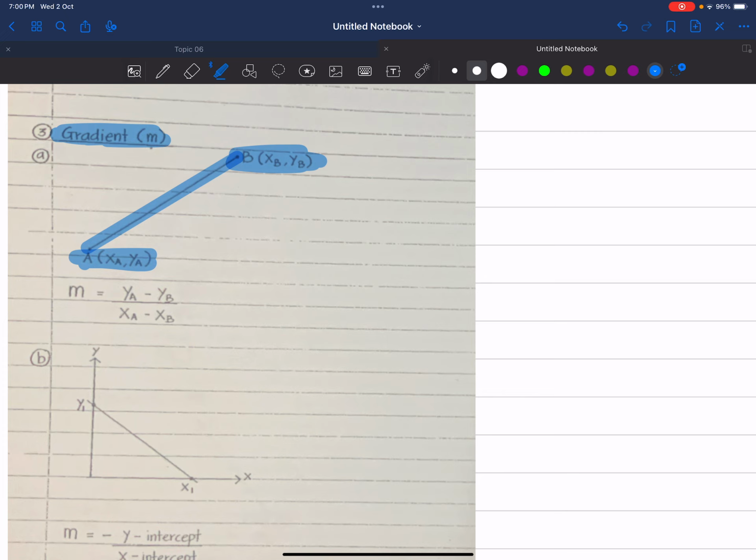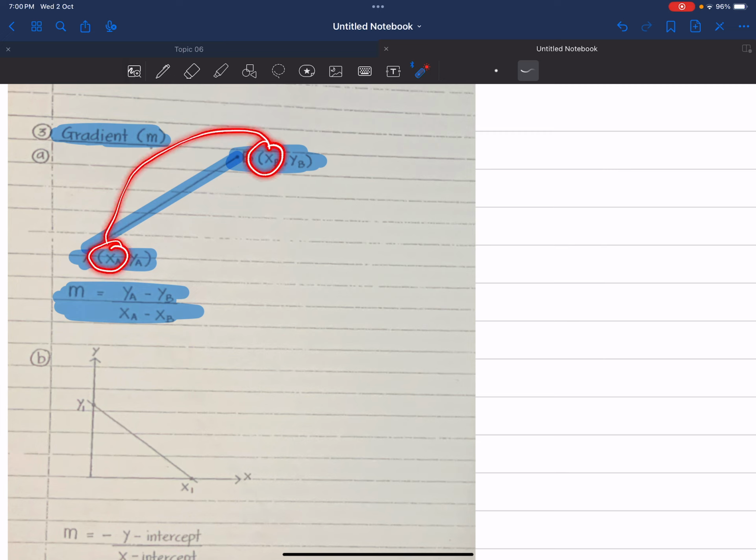If you are given the coordinates of two points, then the gradient M is YA minus YB divided by XA minus XB. It is Y minus Y over X minus X.